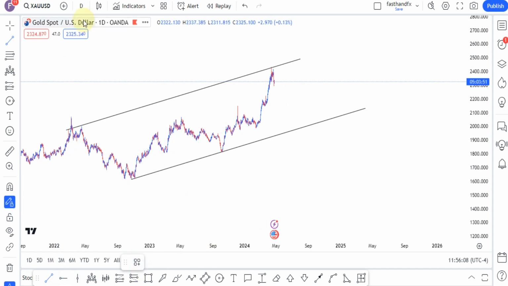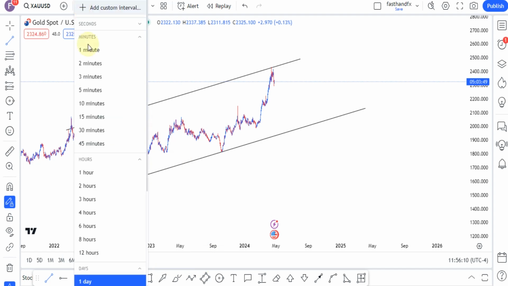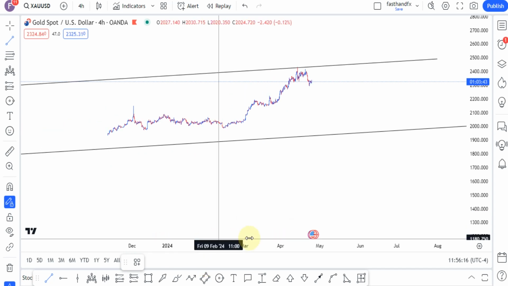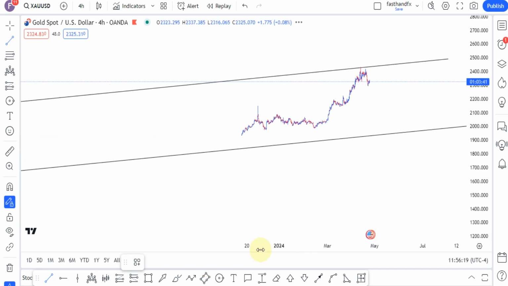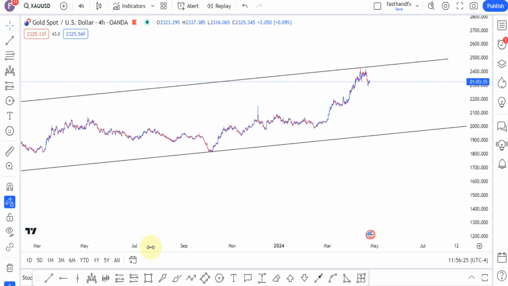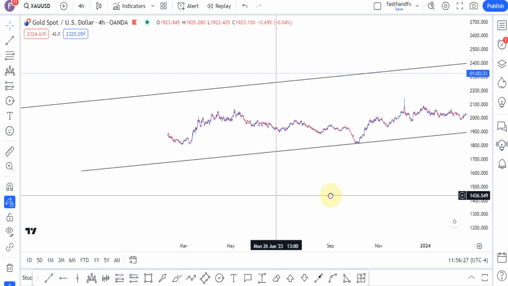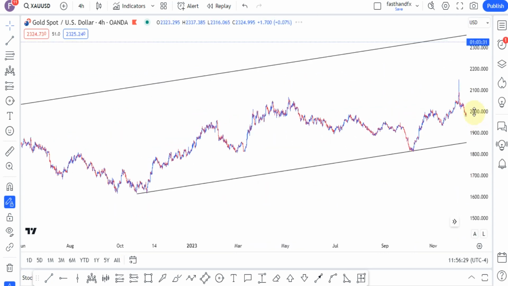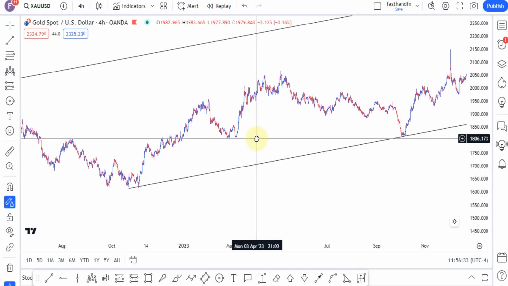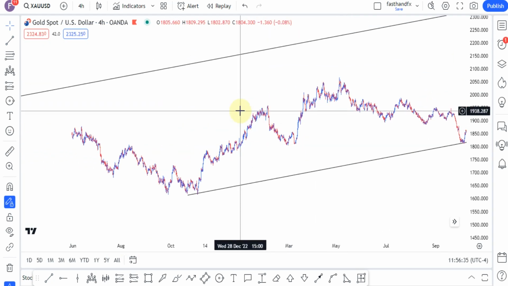So we'll go to the 4-hour time frame, go down to the 4-hour time frame and try to see what is happening there. Yeah, so guys, in the 4-hour time frame, you can see how clear this one is.